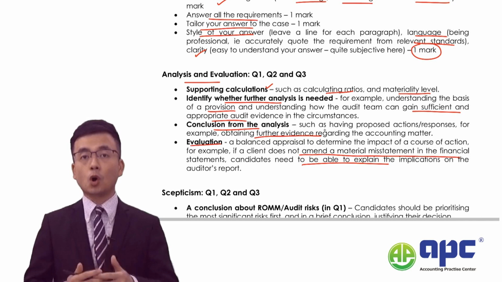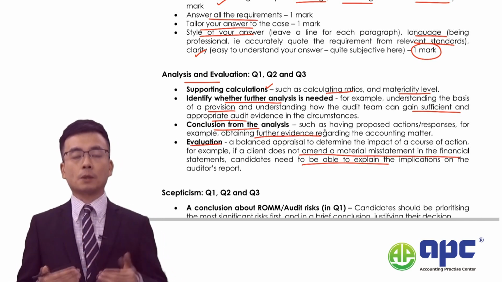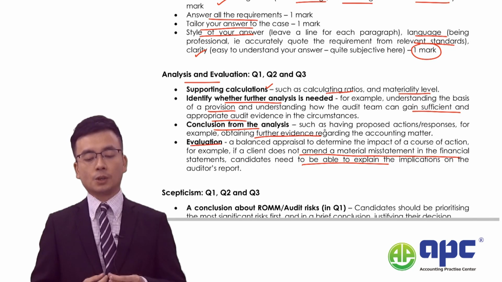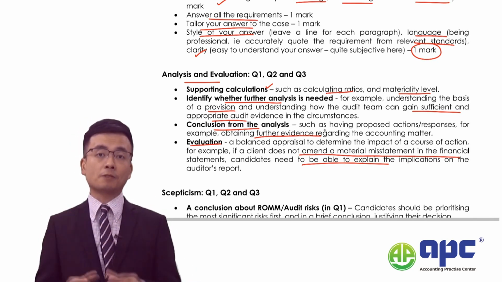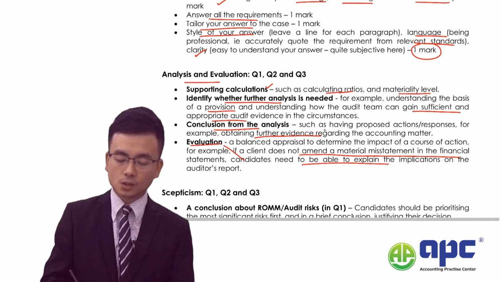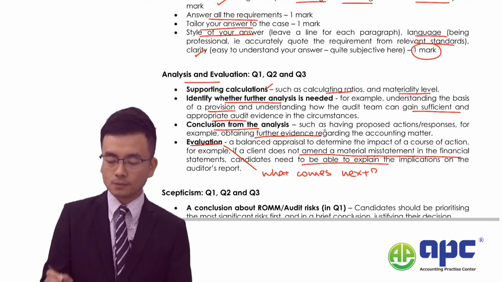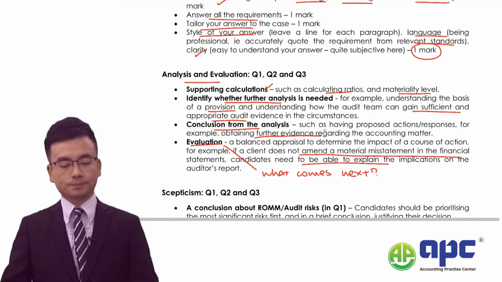So in other words, what comes next? I'm going to qualify my audit opinion and give a particular audit report to you and something like that. So that's what I mean by evaluation skill. You need to tell the examiner to get this professional mark.